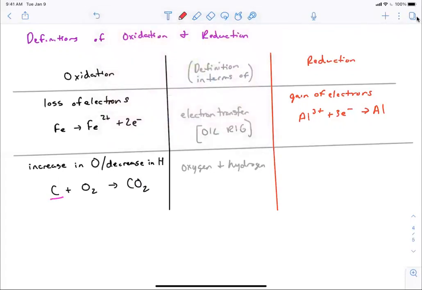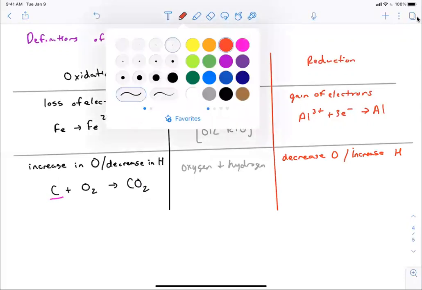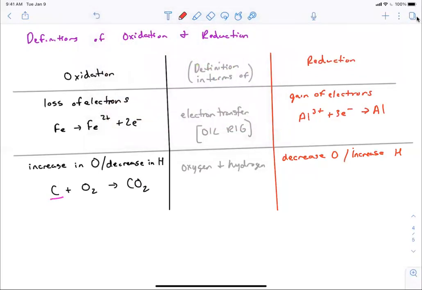And for reduction, it's vice versa. You decrease oxygen, or you increase hydrogen.